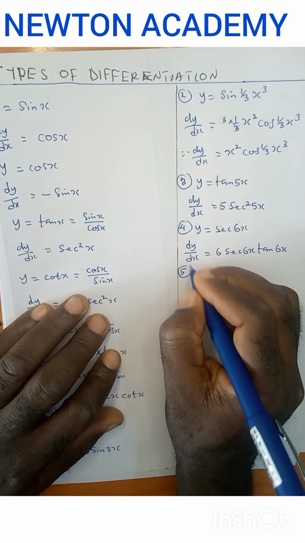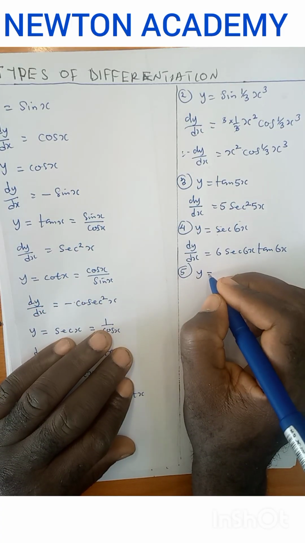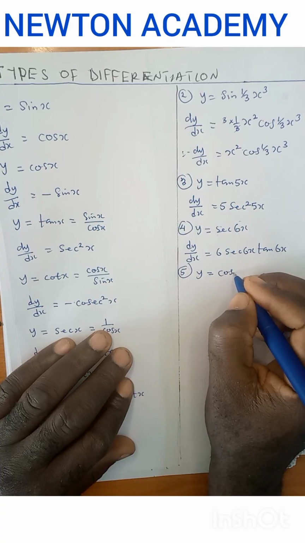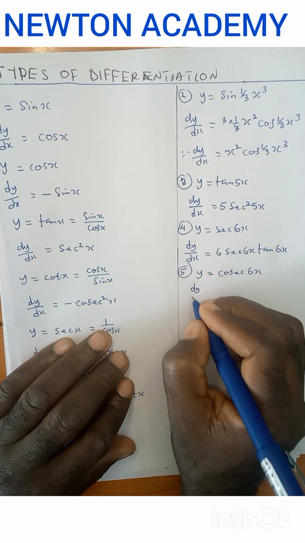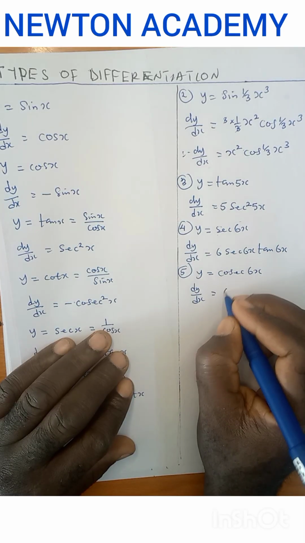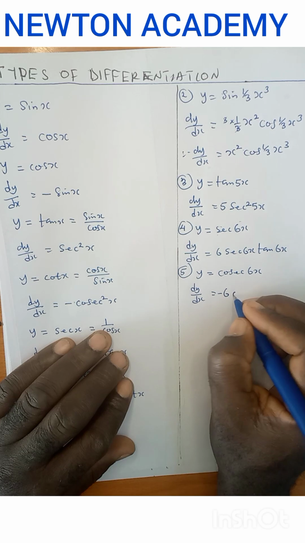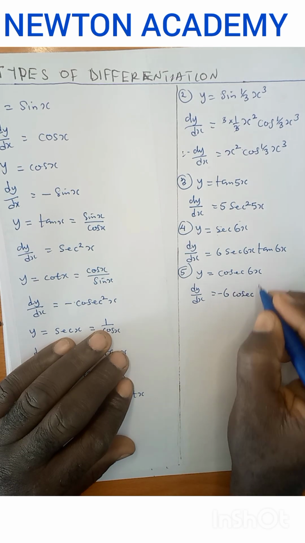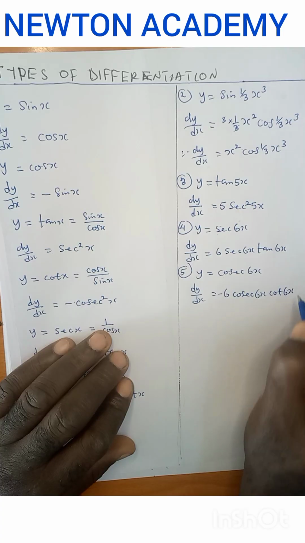Now let us take a look at another one here. If you are given y is equal to cosec 6x, here dy/dx will be equal to, when you differentiate 6x, it will give us 6. When you differentiate cosec, it will give us minus cosec 6x cot 6x.